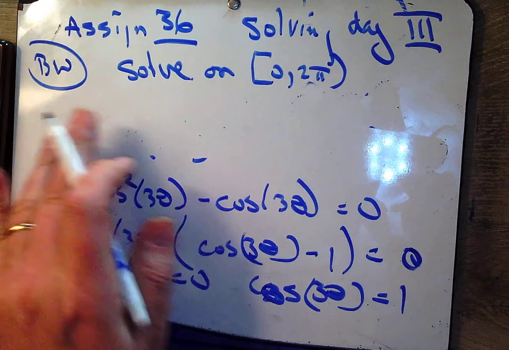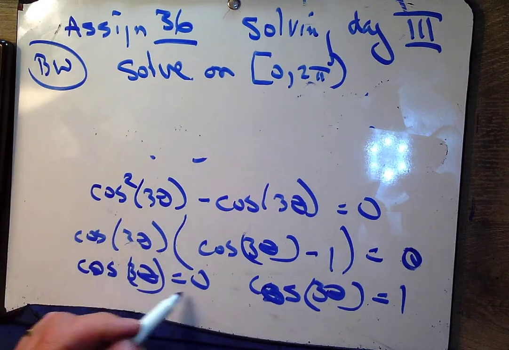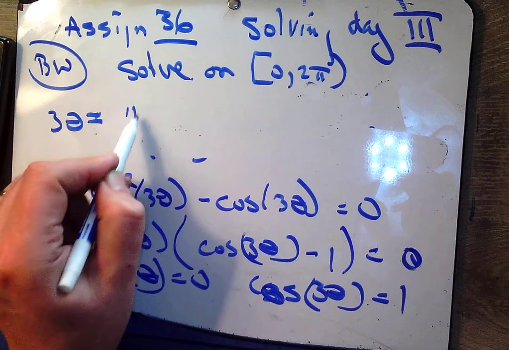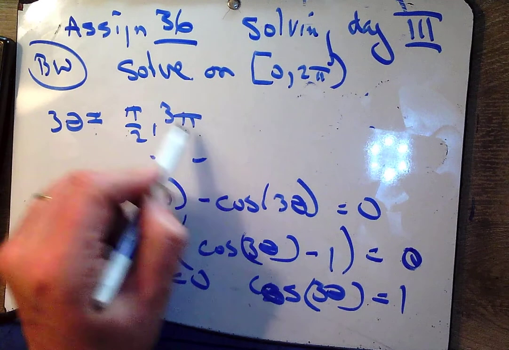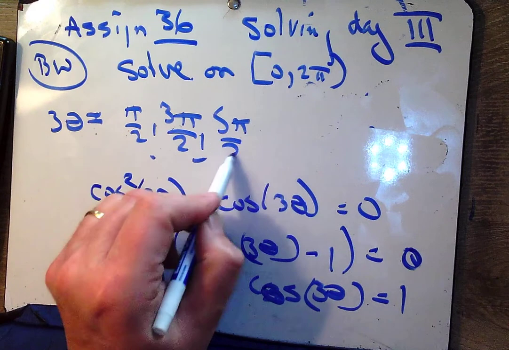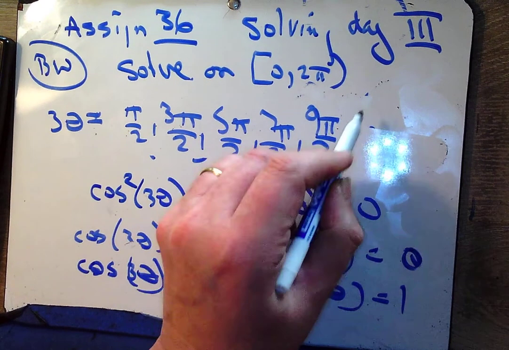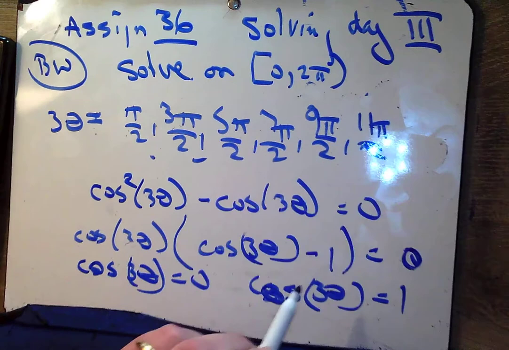If we're doing 0 to 2 pi, when does cosine equal 0? That happens at pi over 2, 3 pi over 2, 5 pi over 2, 7 pi over 2, 9 pi over 2, and 11 pi over 2.